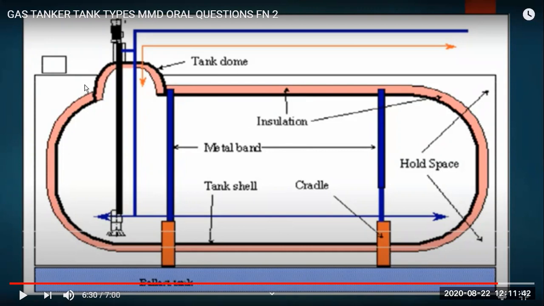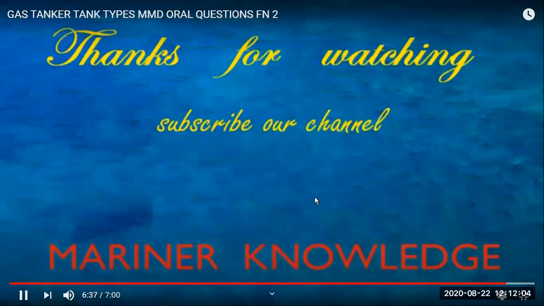We have a tank dome for the pump and loading line, and other lines. Venting lines and the reliquefaction condense line will all be coming here. And here you have the ballast tanks. Ballast tank here we have only in the bottom showing because this is a side view.